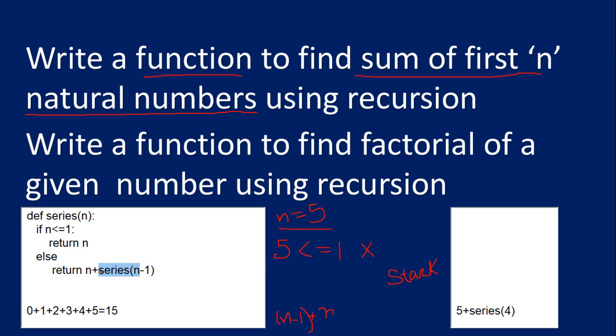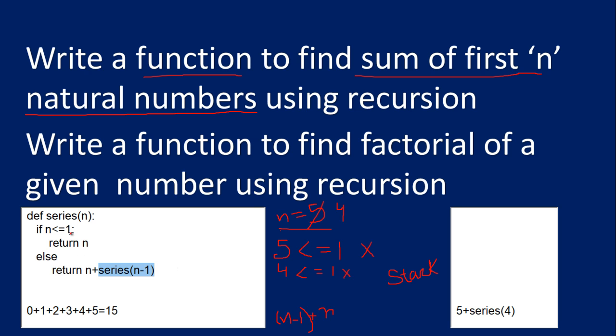So when this line executes, the control moves to the start of the function, and n will get the value 4. Then it again comes down and checks the current value of n, which is 4: is it less than or equal to 1? No, the answer is still no.